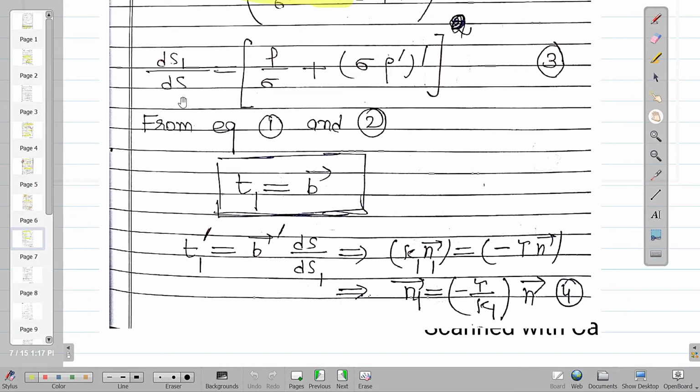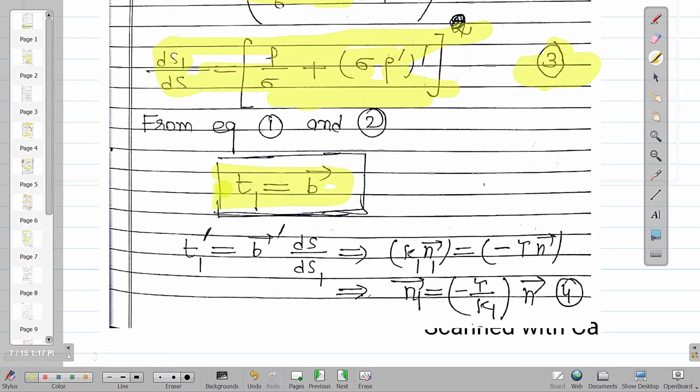Now from this we find the value of ds1, that we already discussed. Now substitute these values from equation number 1 and 2. When we substitute this value, we get t1 vector is equal to b vector. From this we get these values.